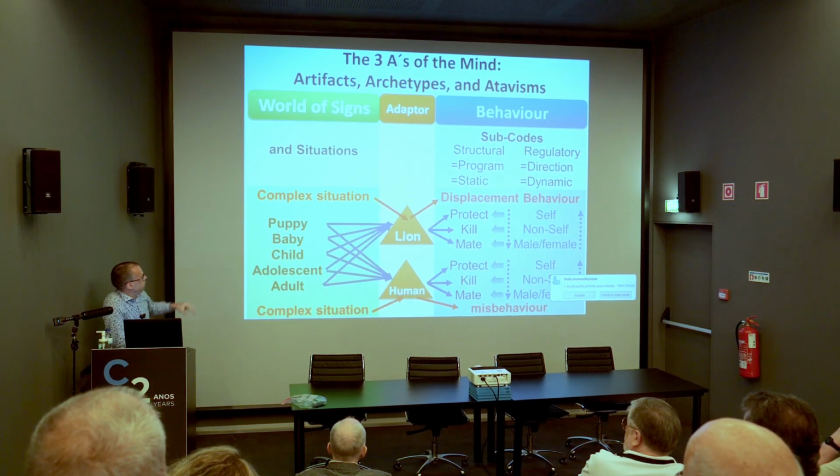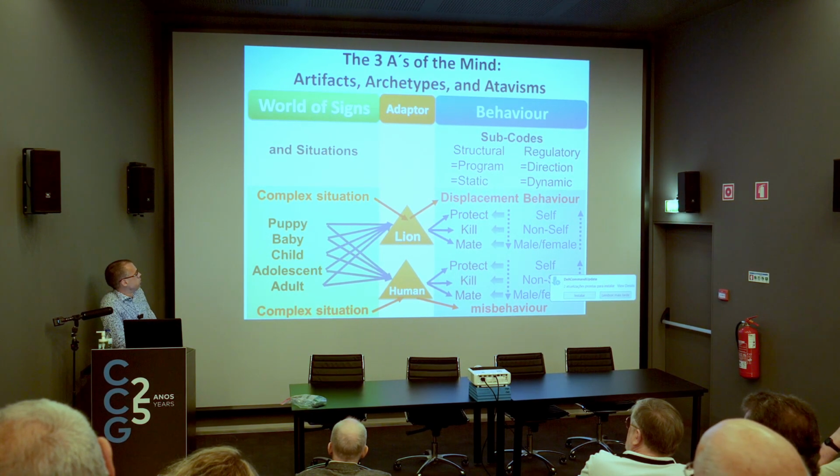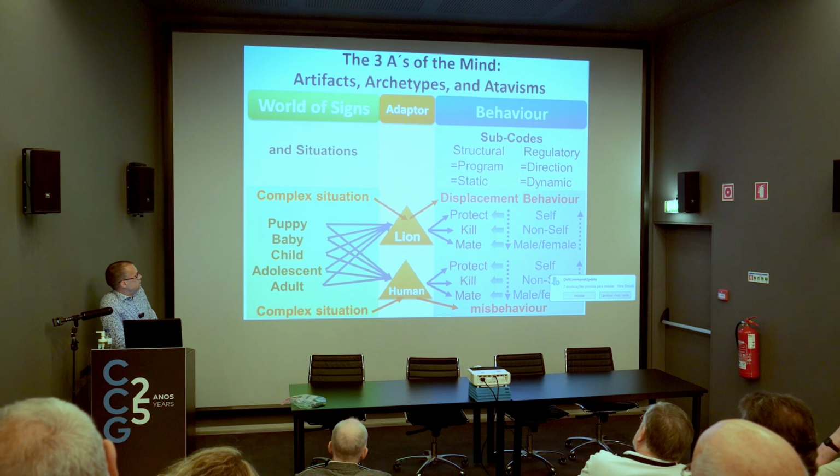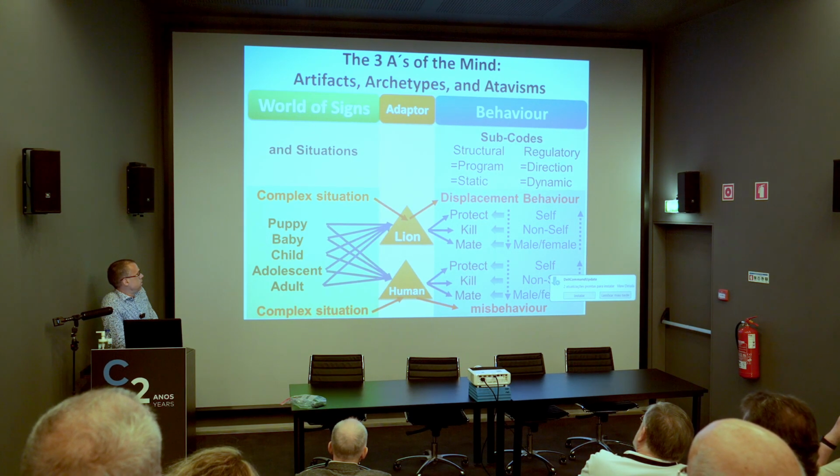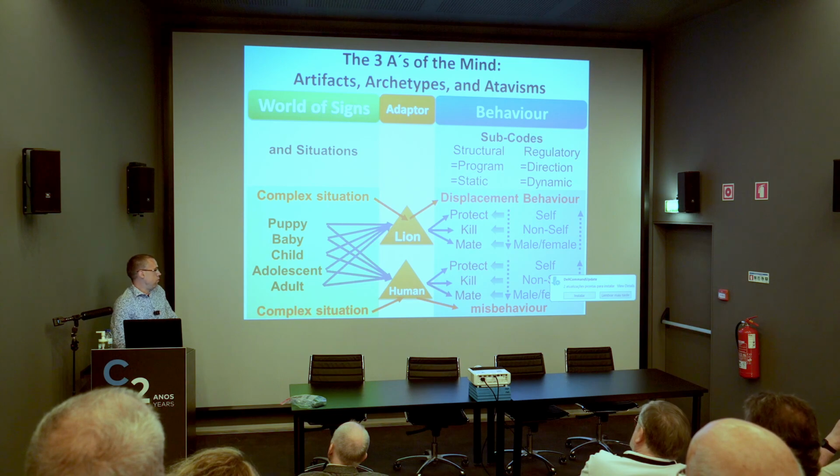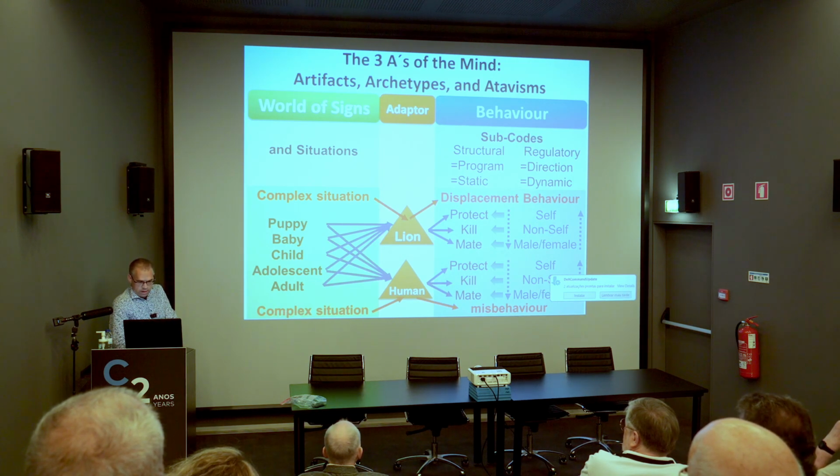So they really fulfill the criterion of code. And it's a bridge, let's say, at the highest level of hierarchy, the cognitive codes that I wanted to address in this slide.